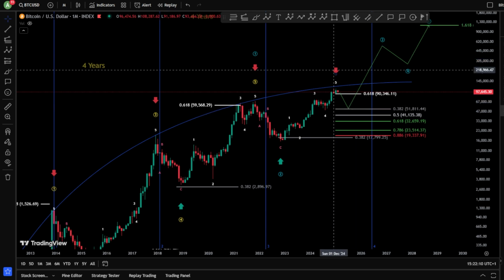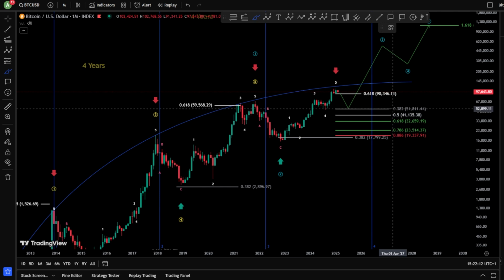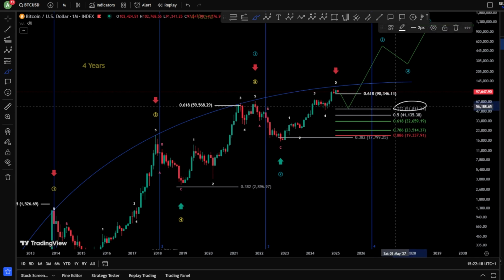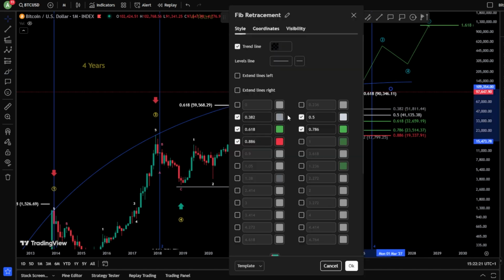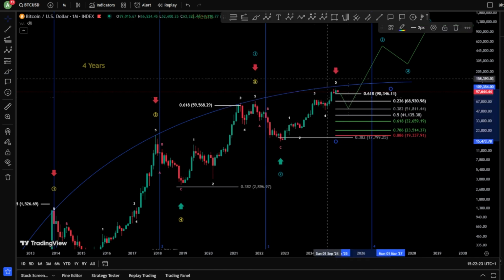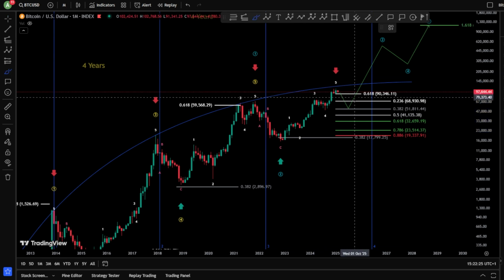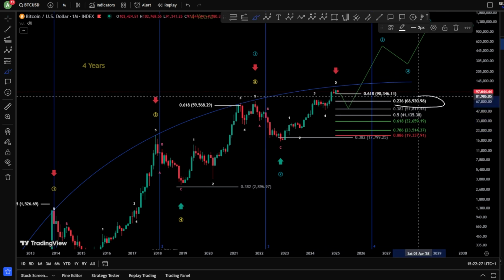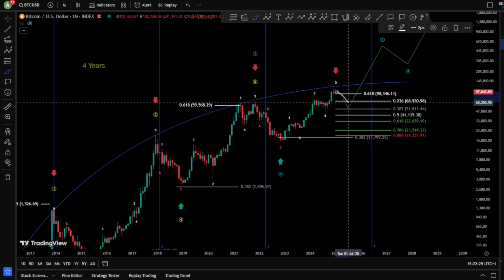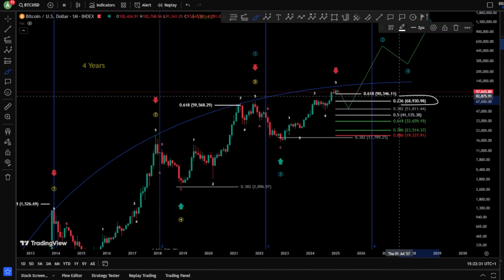Now, it can hit the 0.38 fib level, which is 51,800, which is a minimum requirement. But Bitcoin in such a wave, when we are in wave 3 of 3, which is the most impulsive wave, can just hit the 0.23, which is at 68,900.